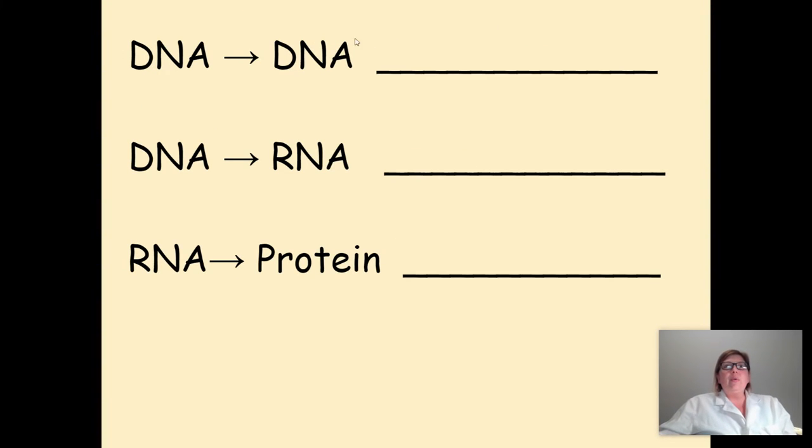Okay, so 3 more vocab terms. So you'll find these in your notes from Thursday. So when we're going from DNA to DNA, so if we're making a copy of DNA, okay, this arrow means we're just going from DNA to DNA. What's the word for that? So pause it if you want to think and reflect back to Thursday, look through your notes.